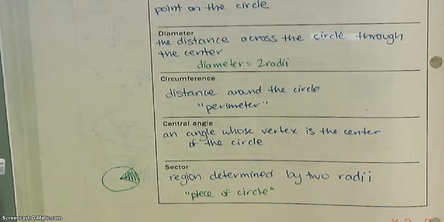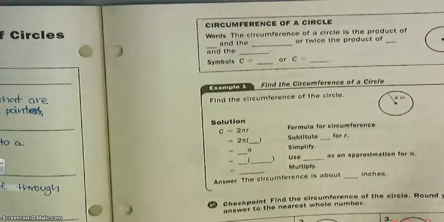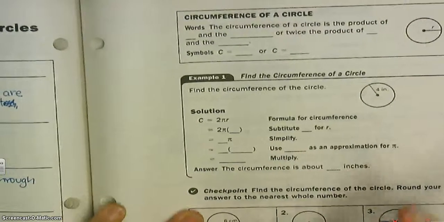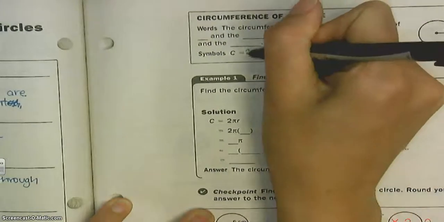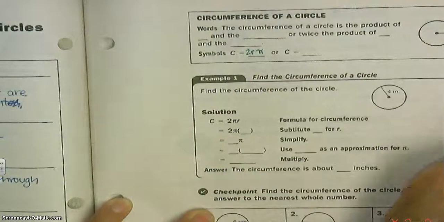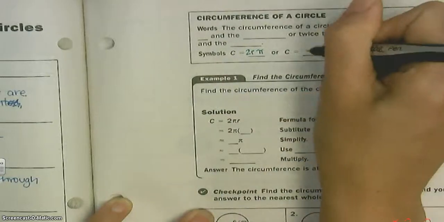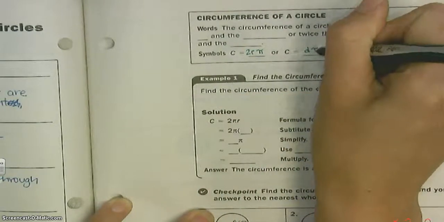All right, so now we're going to find the circumference, and then we're going to do area. To find the circumference of a circle, you do 2 times r times pi. And we talked about that if we have 2 radii, that's the same as diameter times pi.